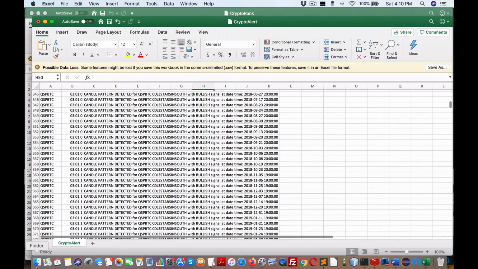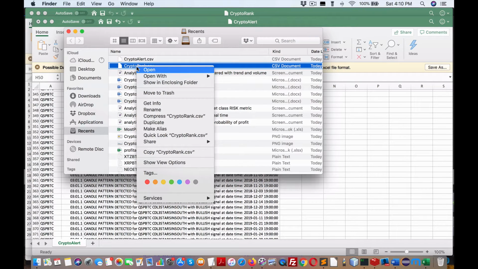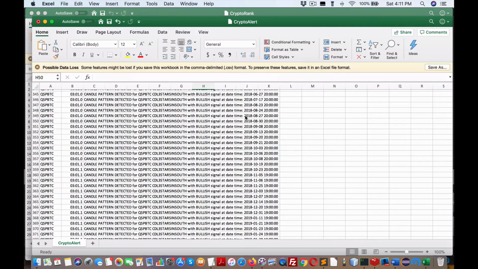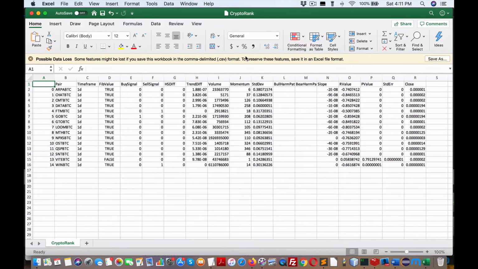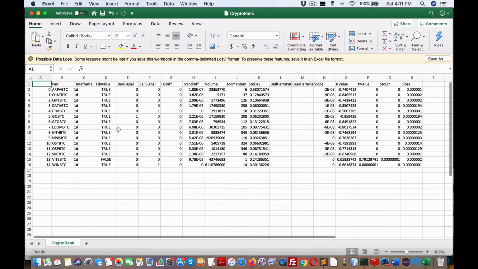The other one we have here, as I said, is called Crypto Rank. So this encompasses everything that you see among all the tutorials in one file, and it's just raw data. These files are from my watch list, and the watch list in my database generates all this data.